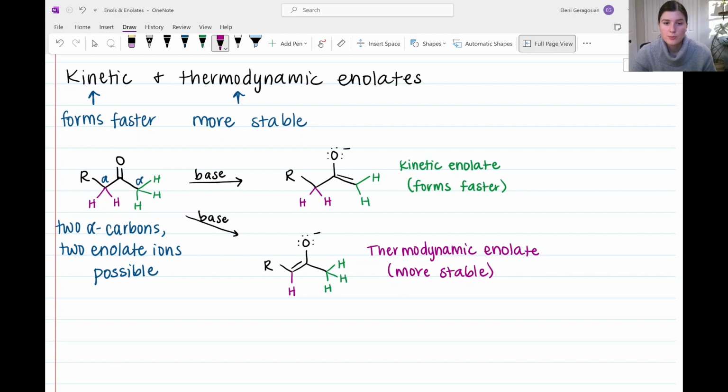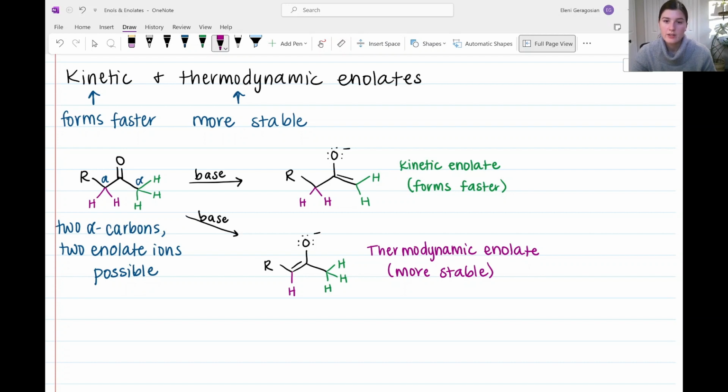So the difference between these 2 enolates is, of course, which hydrogen is removed and the location of the double bond. The first one that we drew is the kinetic enolate. It forms faster because there are 3 available hydrogens to be removed, as opposed to the thermodynamic enolate, where we're removing a hydrogen in a spot where there are only 2 hydrogens.